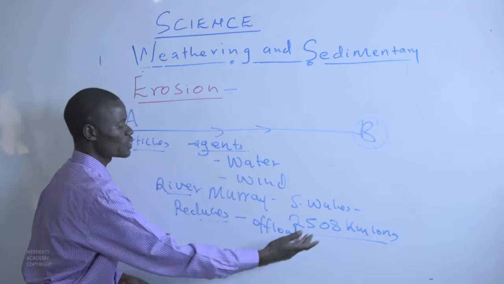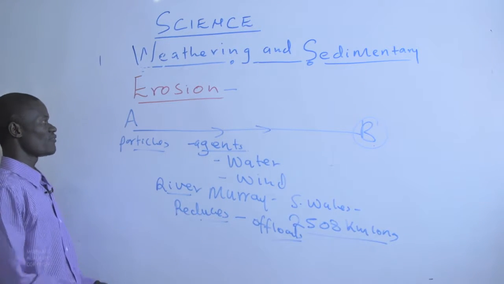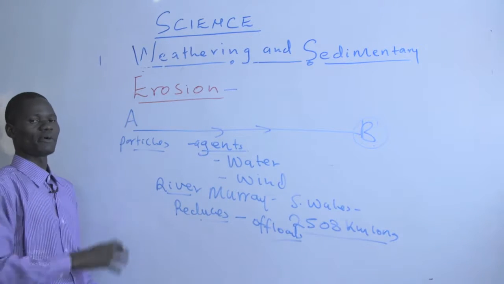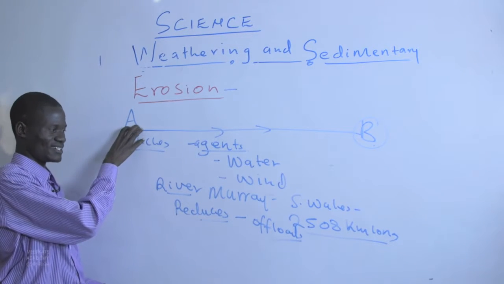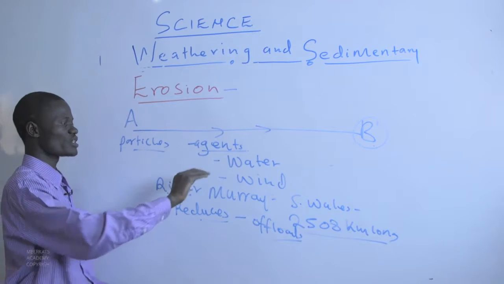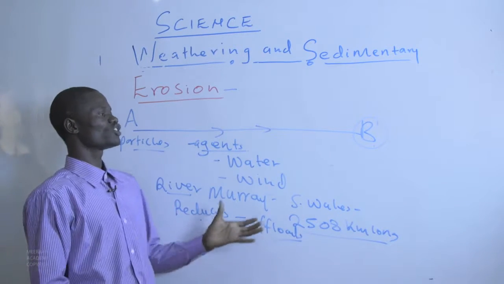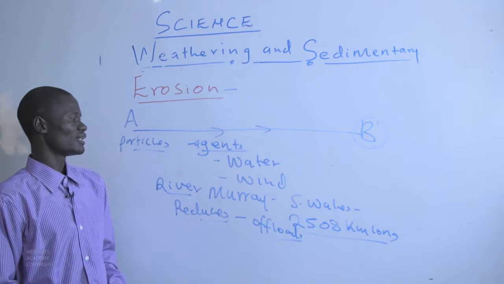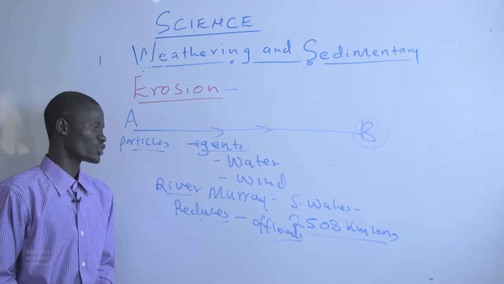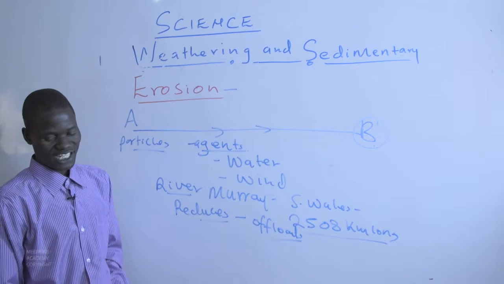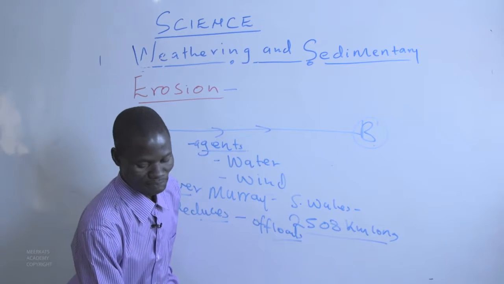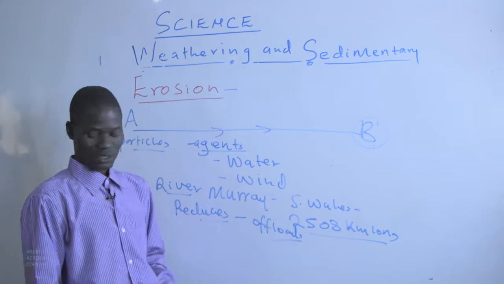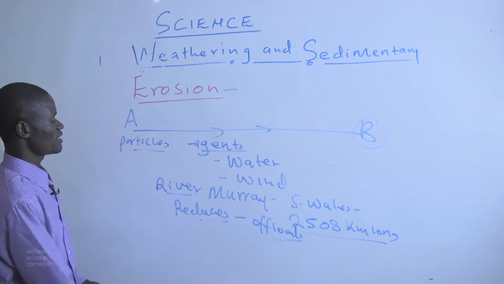Therefore, it makes what we call deposition. The particles or boulders that had been carried down the streams into the river are going to be deposited on the other end, maybe into the ocean or the estuary, and that makes erosion to be done in such a manner.